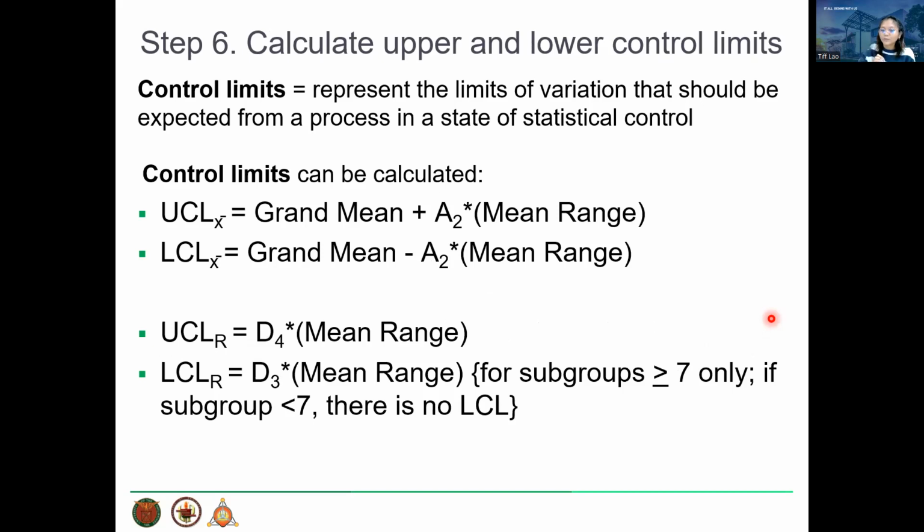Okay? So, di ba, kanina sabi ko sa inyo, may dalawa kayong charts na gagawin. And each chart, meron kang upper and lower limit. Okay? So basically, may upper lower, tapos may upper lower ka pa.